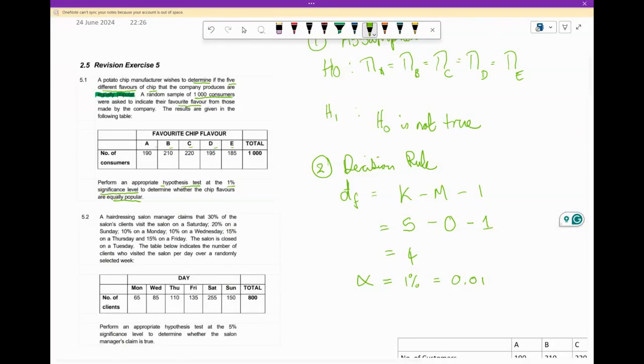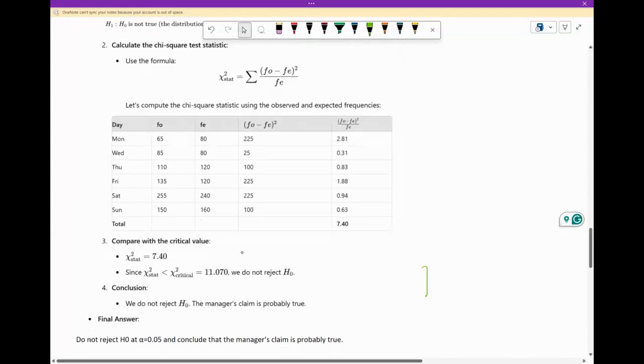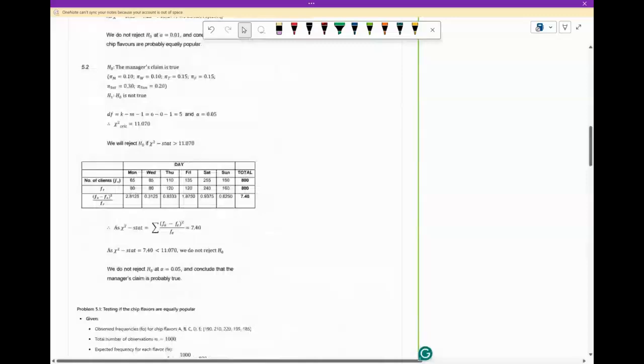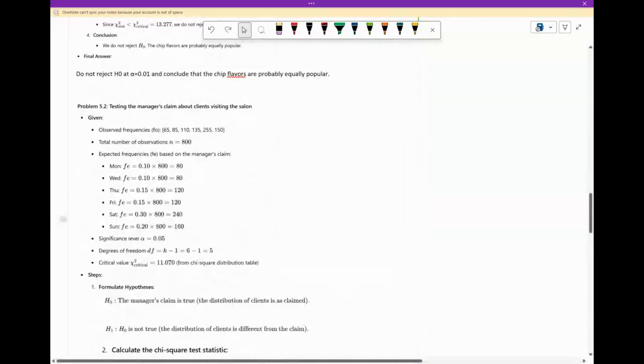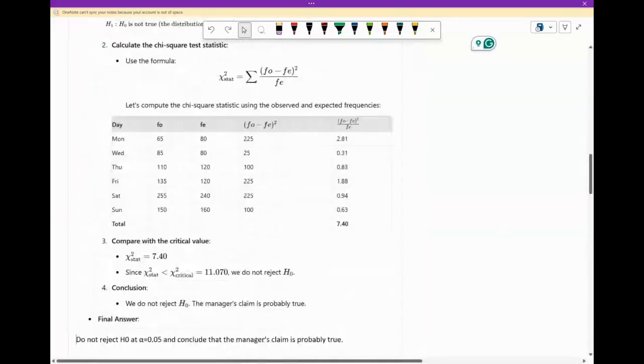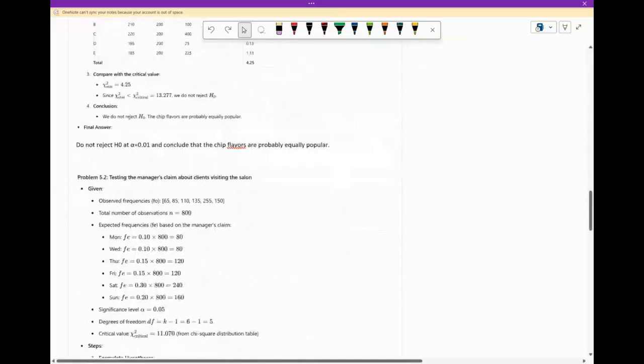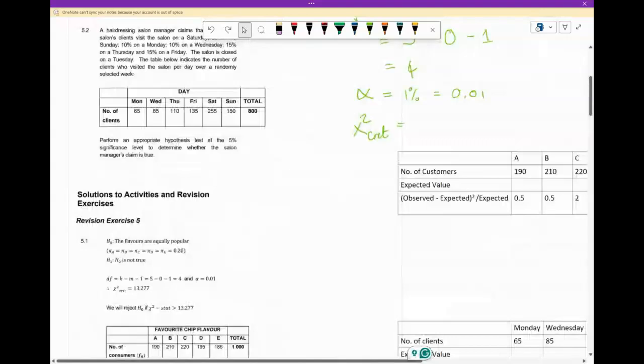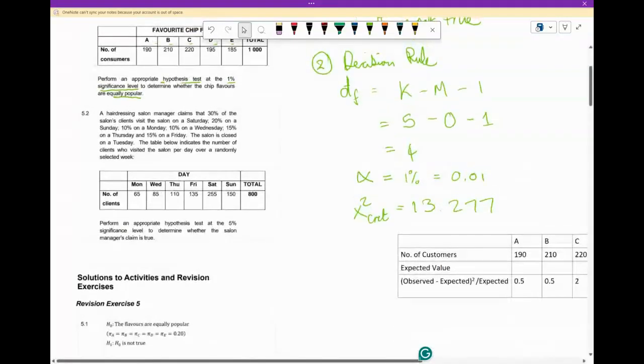So now we can get our critical value. 13.277. Okay. So again, we know we are going to reject.